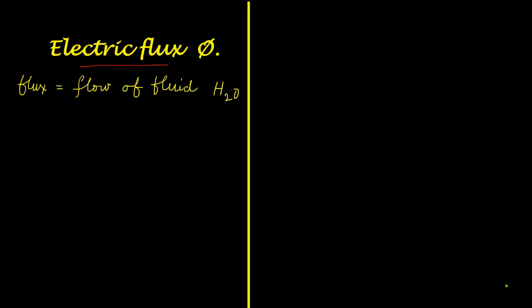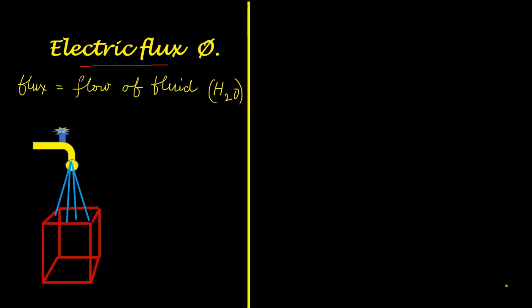But before going into the details of electric flux, let us take the example of water and explain what flux is. If we want to collect water from a tap, we have to keep the container right under the tap. The open end of the vessel, that is the area through which water has to enter, should be wide enough to accommodate the stream of water.